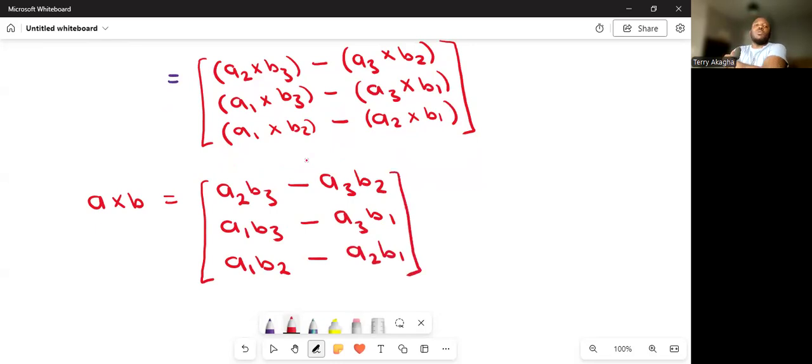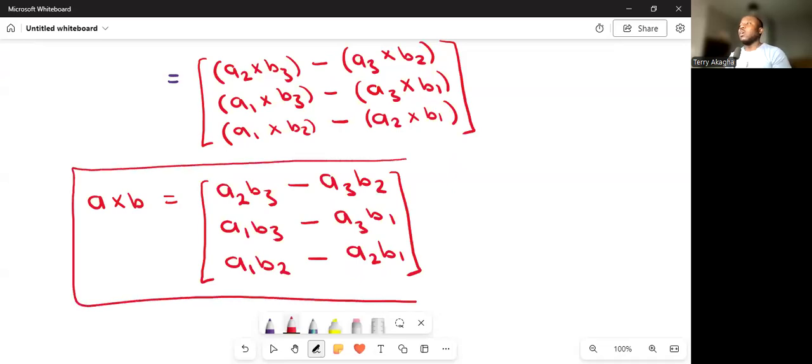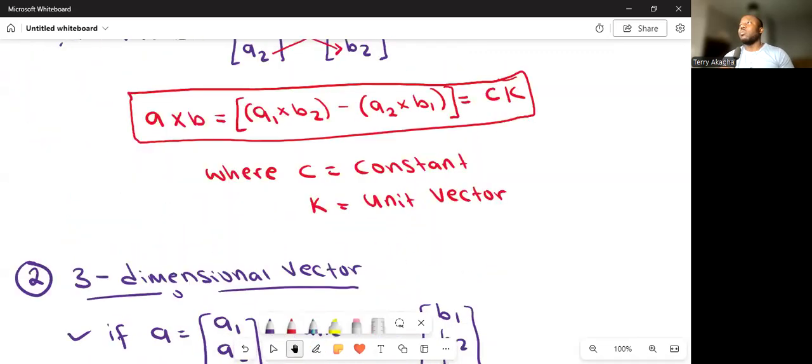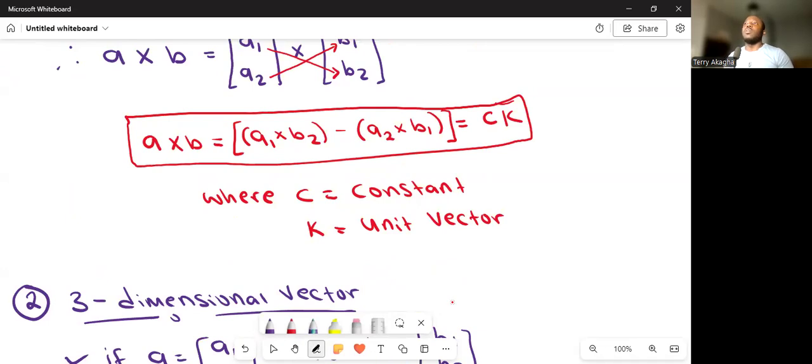And that is how you do that. All right. So this is for when you have a three-dimensional vector. This is the formula to get a cross product. And the previous one was when you have a two-dimensional vector. You use this one to solve that.